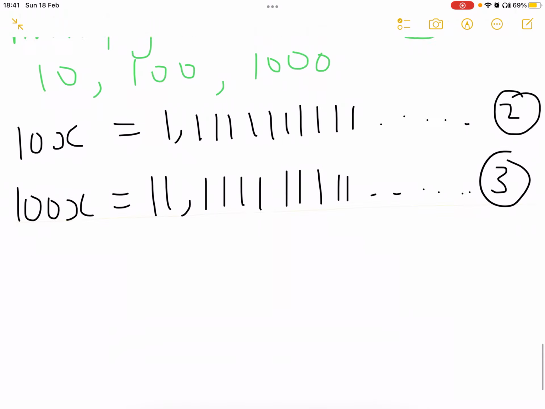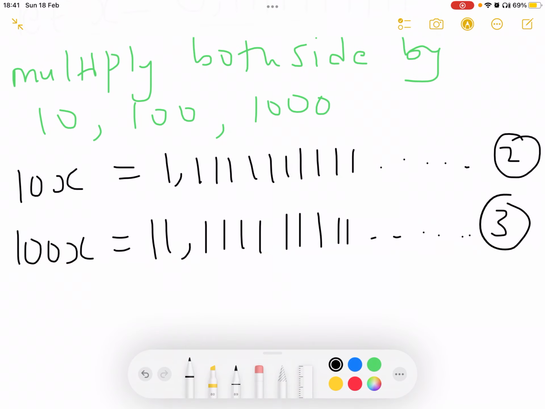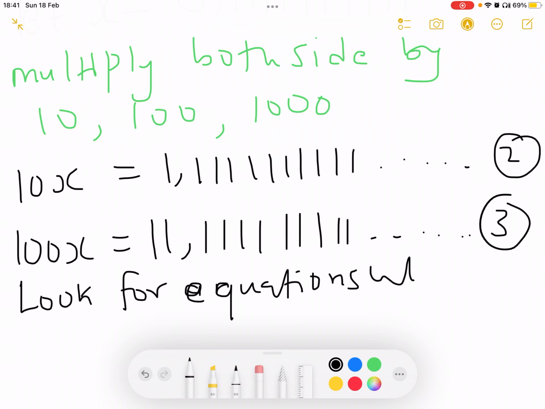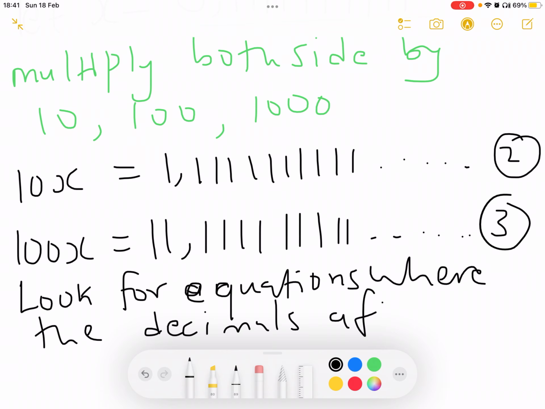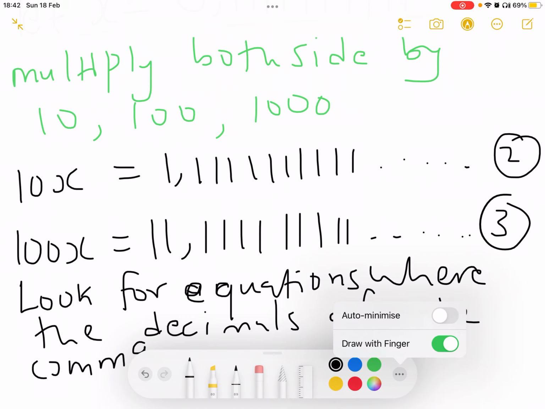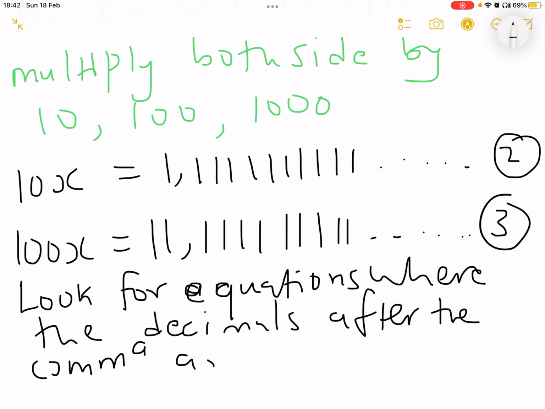So now you look for an equation. I think I should write this down. You have to look for equations where the decimals after the comma are similar, the same, or equivalent, in such a way that when you subtract both equations, you get just a whole number on the right hand side, and a whole number and a variable on the left hand side.